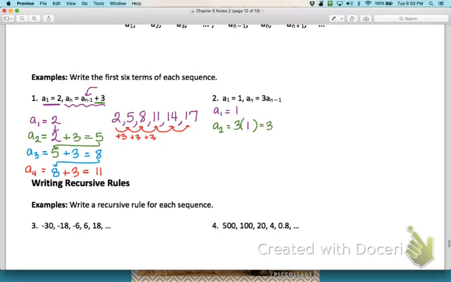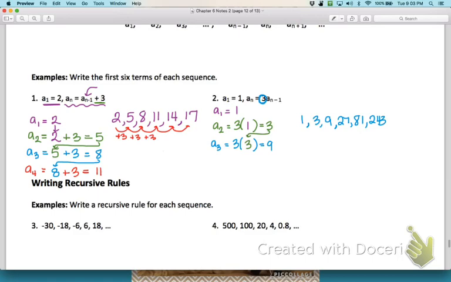I'll just do one more so you can see how the machine works, and then we'll list them out. A3 is going to be equal to 3 times this one here, so that's 3 times 3, which is 9. So we have 1, 3, 9. You see the pattern here is to multiply by 3, so I'll get 27, 81, and then 243. And so those are the first 6 terms of the sequence, okay?